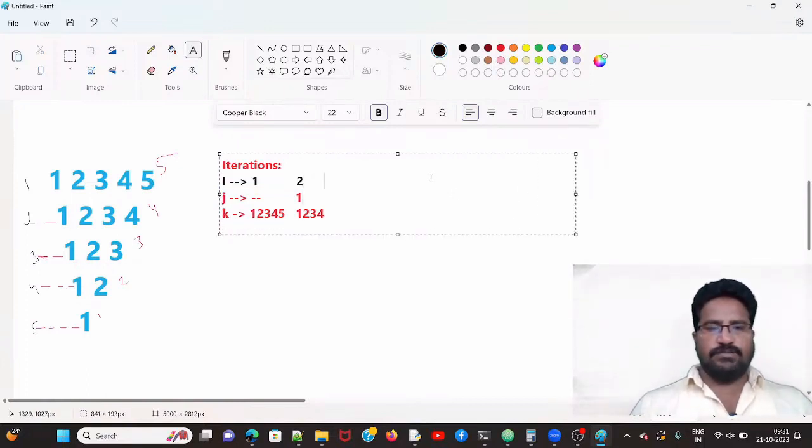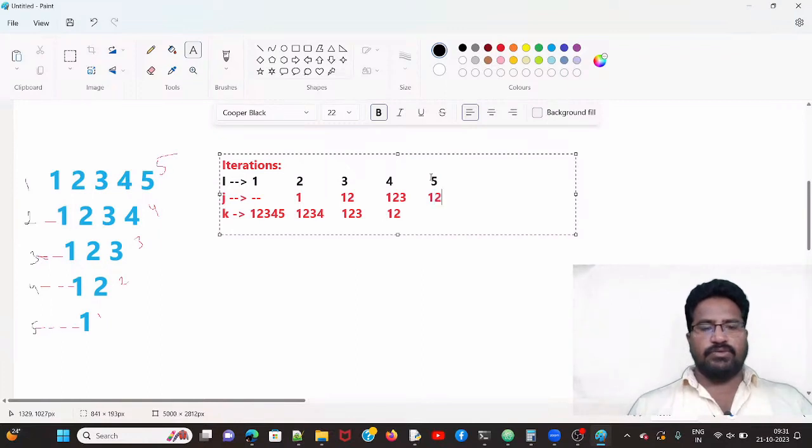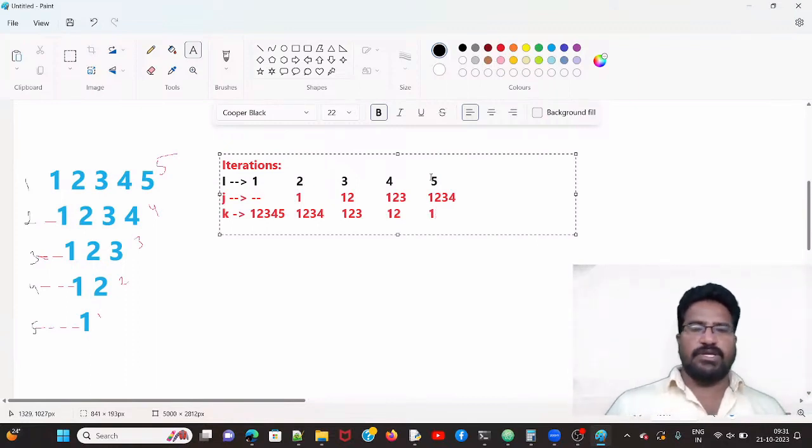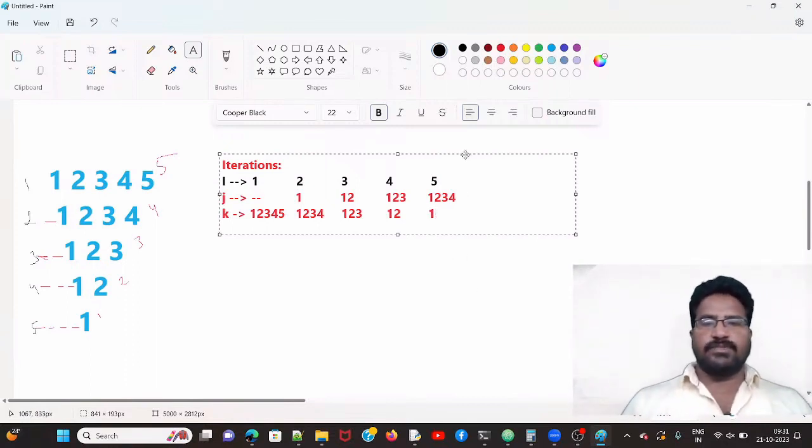When I is 3, J 1, 2, 2 iterations, K 1, 2, 3, 3 times displaying. When I is 4, J iterates 3 times, meaning 3 spaces come, K iterates 2 times, meaning 1, 2 displaying. When I is 5, J 1, 2, 3, 4, 4 times space comes, and K only 1 time, 1 value displaying. That's all, right?